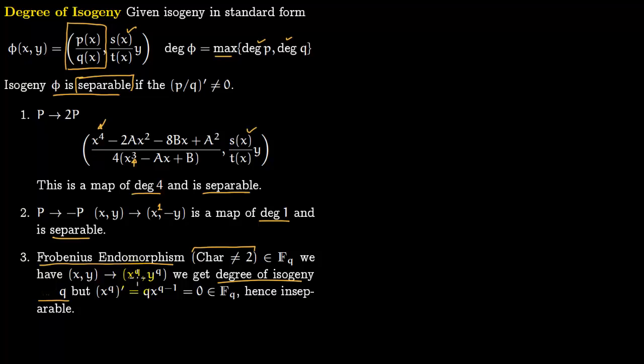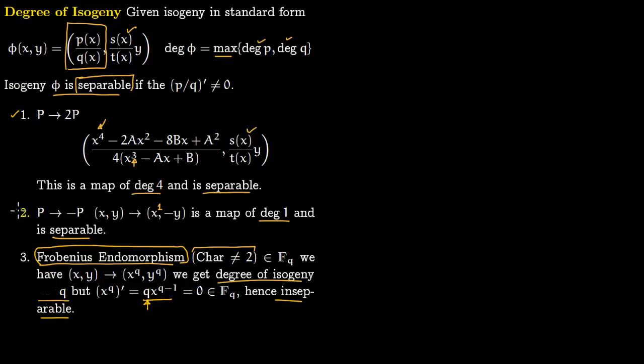But if you take the derivative of this first term, you get q x^(q-1). Notice that this coefficient is q, so in a finite field this is 0. Therefore this Frobenius endomorphism is inseparable.